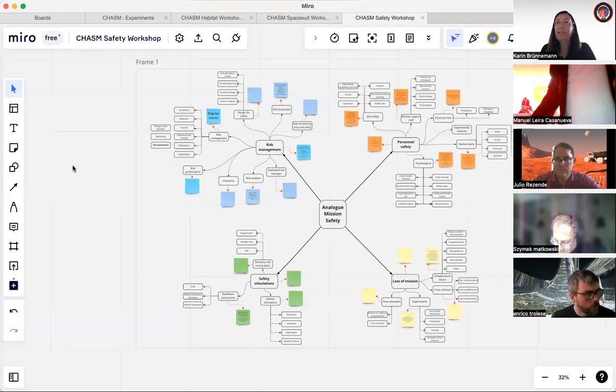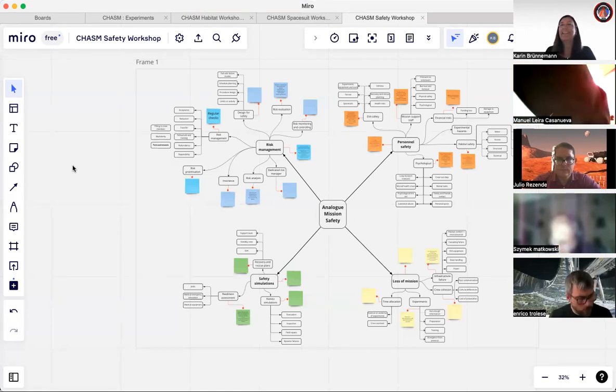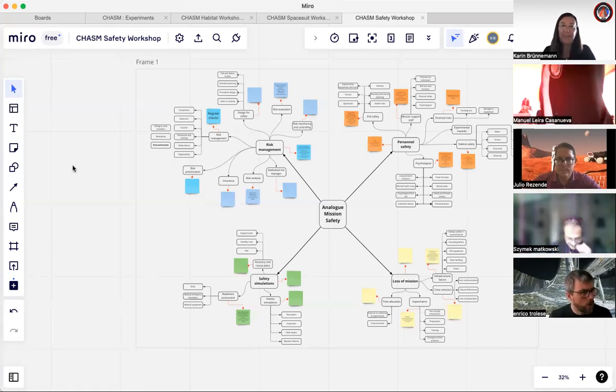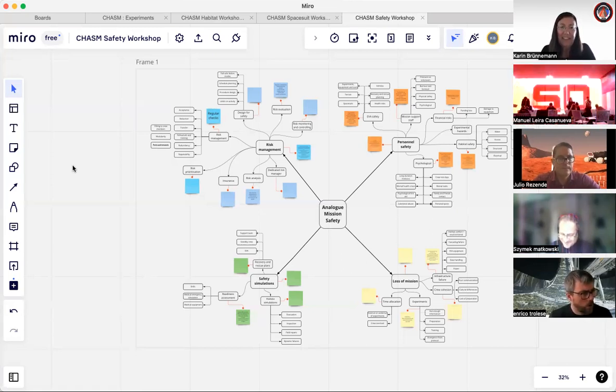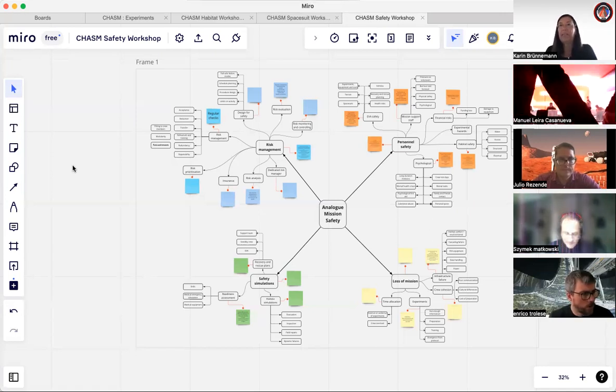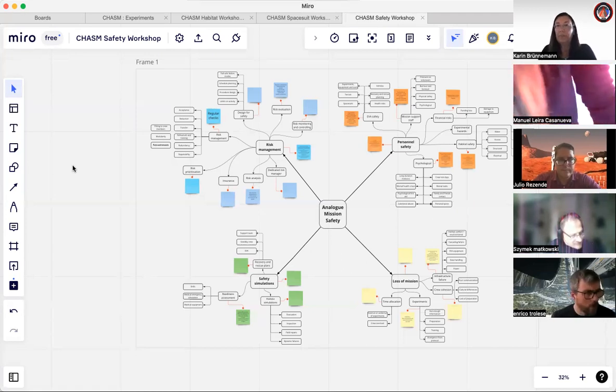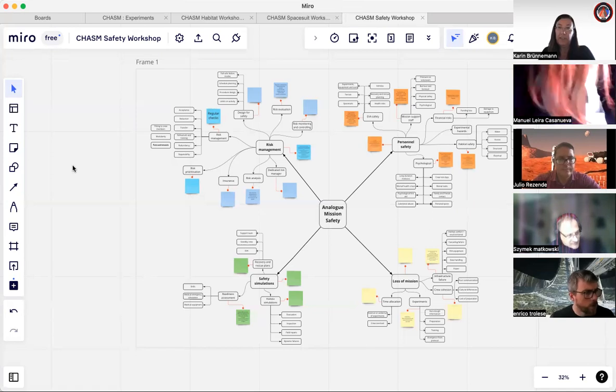Risk management is something that in general we can talk about in habitats for at least 2 weeks without interruption. But it's very important to be aware of all the risks that are connected to such an analog mission, and that we actually classify these risks.